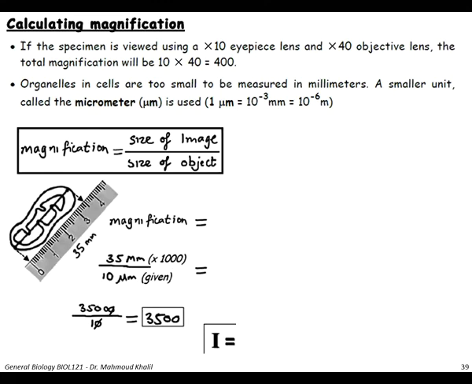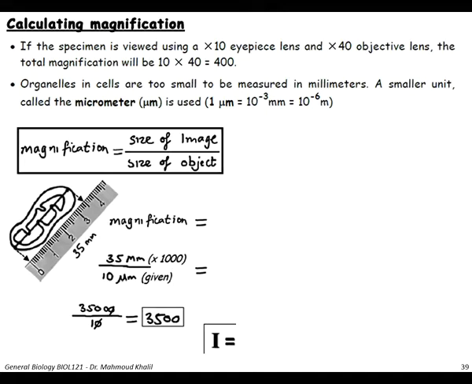So how can we calculate the magnification? The law says that magnification equals size of image over size of object. So you can see this structure as a photo. If you measure by a ruler, you'll find that it measures 35 millimeter.